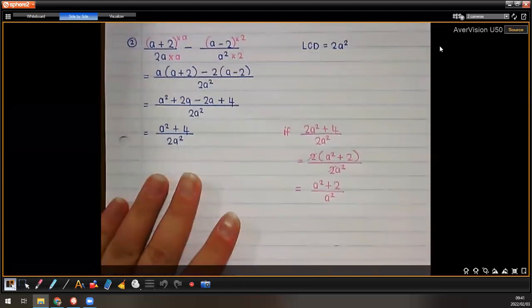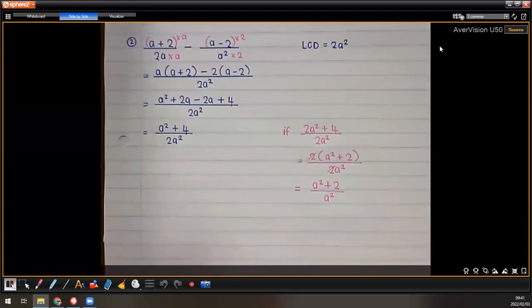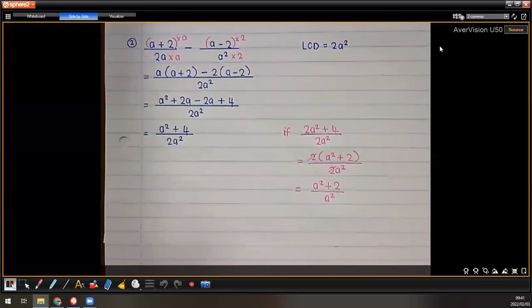Okay, are you alright with this, guys? I'm just going to give you one that I want you to do on your own before we do one example on an equation with fractions.